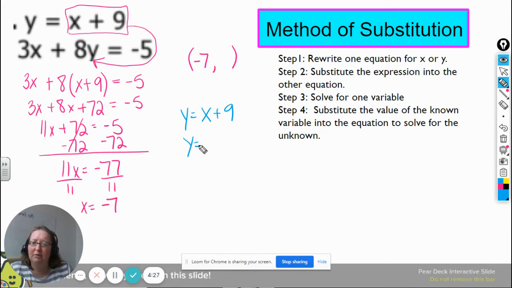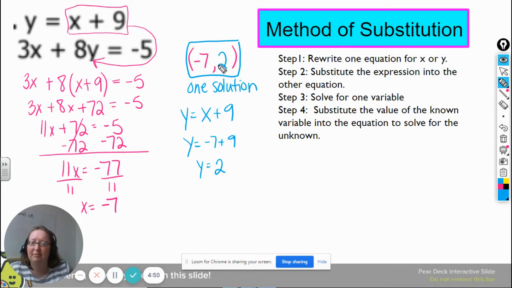Now y is equal to -7 plus 9. So y is equal to 2. So that is my solution. Since there was a solution, there was one point that they shared, this is one solution to this system, and this is what the solution is.